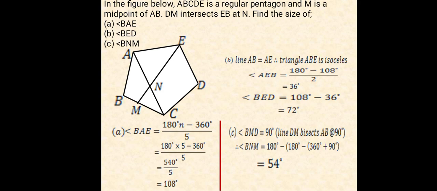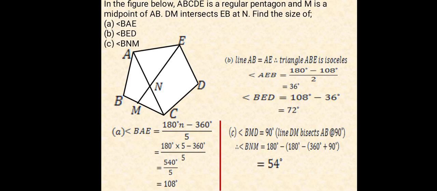Now let's look at b. For b, we have been told to find the angle BED. Now we know line AB is equal to line AE. Therefore, triangle ABE is an isosceles triangle.